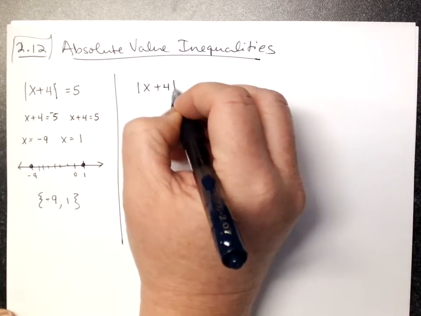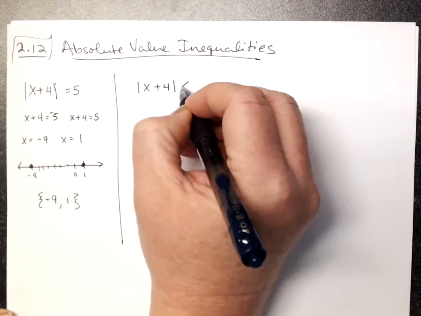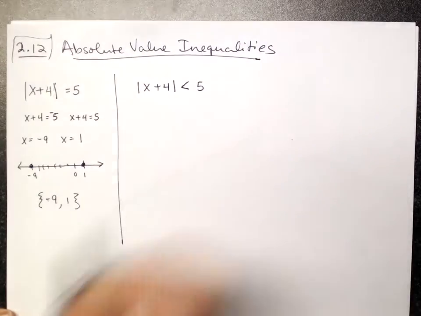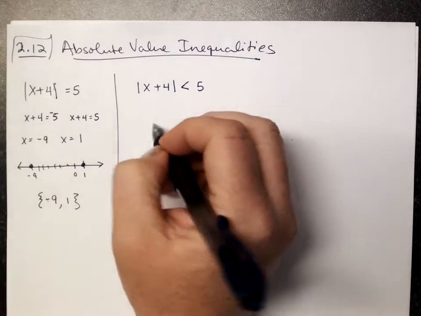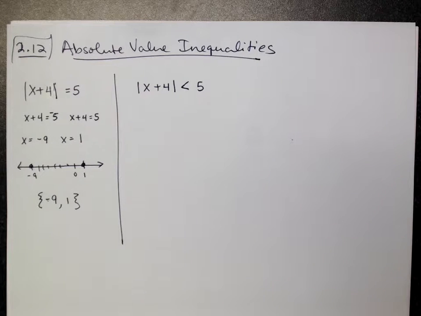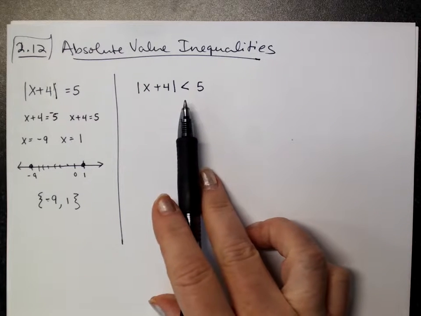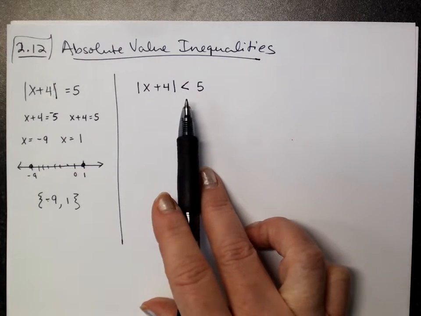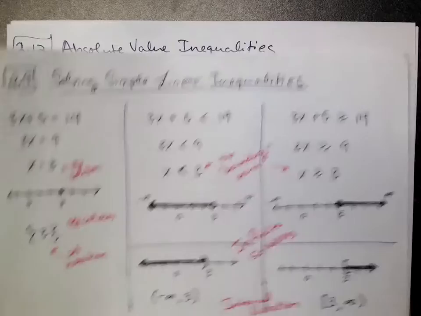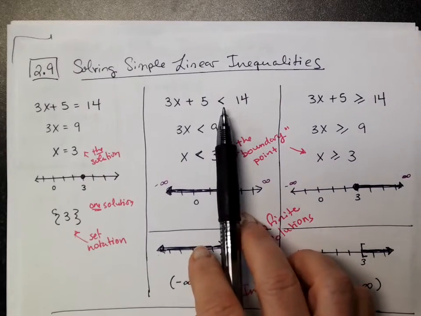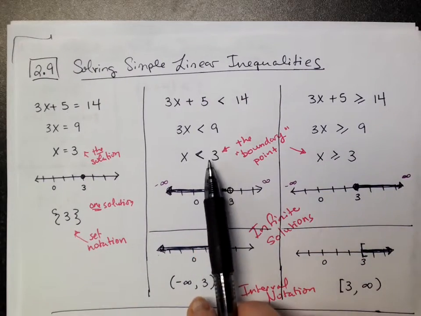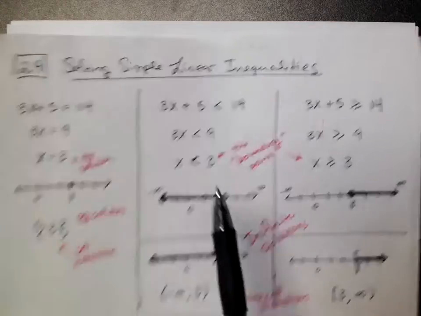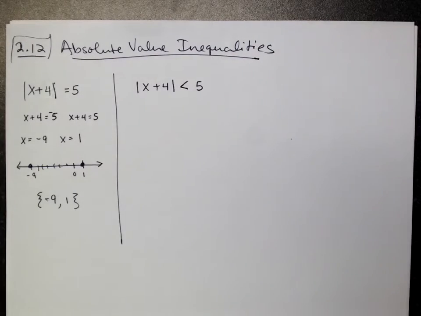So, |x + 4| < 5. Okay. So there's a couple approaches to this, and the book teaches it a little bit differently maybe. But I find the easiest approach is just like you recognize that with simple linear inequalities, your solution is just the boundary point; it's the same thing with absolute value.